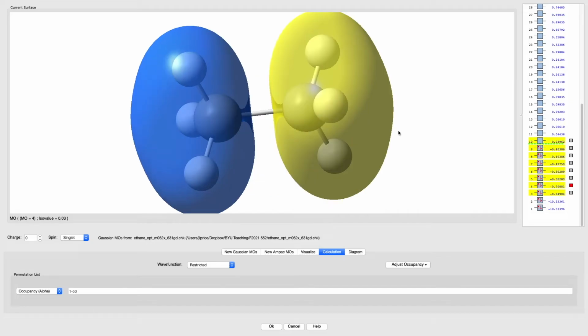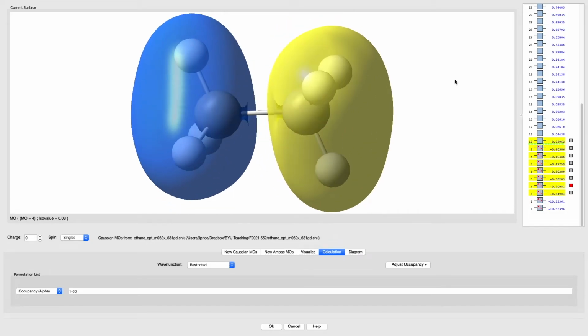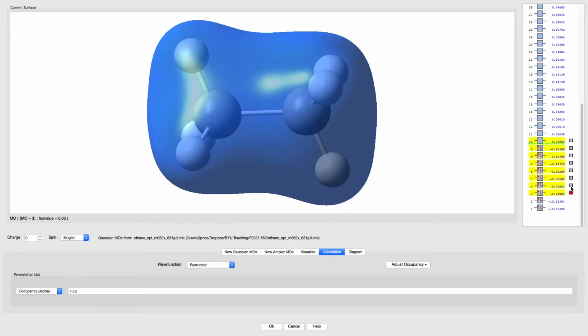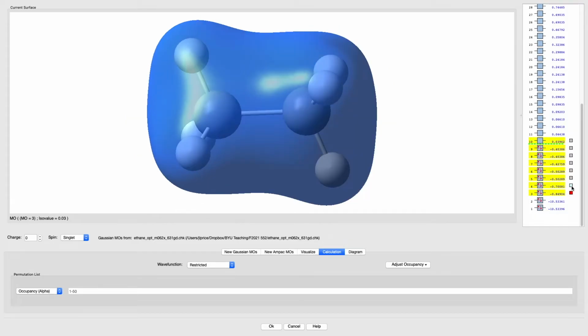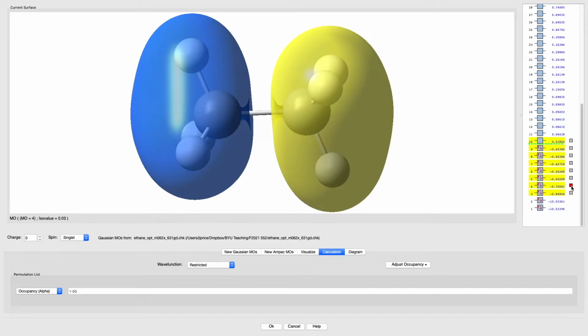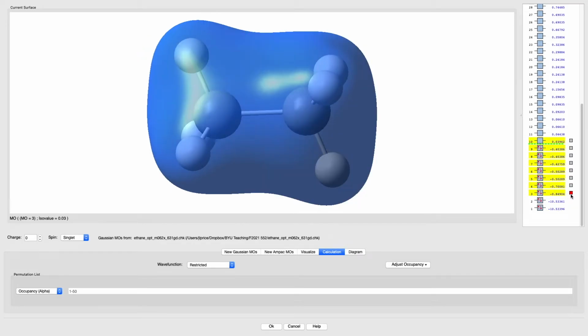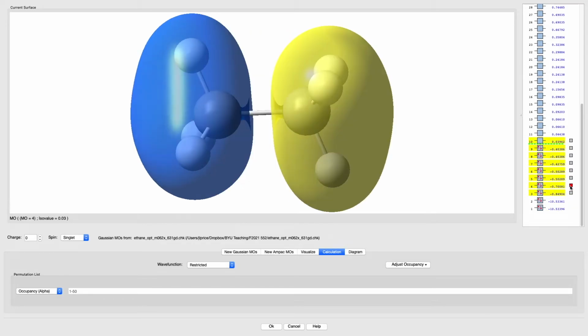Okay, next one. What does that look like? Is it the sigma antibond? Yeah, it's the same thing. It's just the out of phase combination. So if we called this the sigma CH3 plus sigma CH3 orbital, this would be sigma CH3 minus sigma CH3.